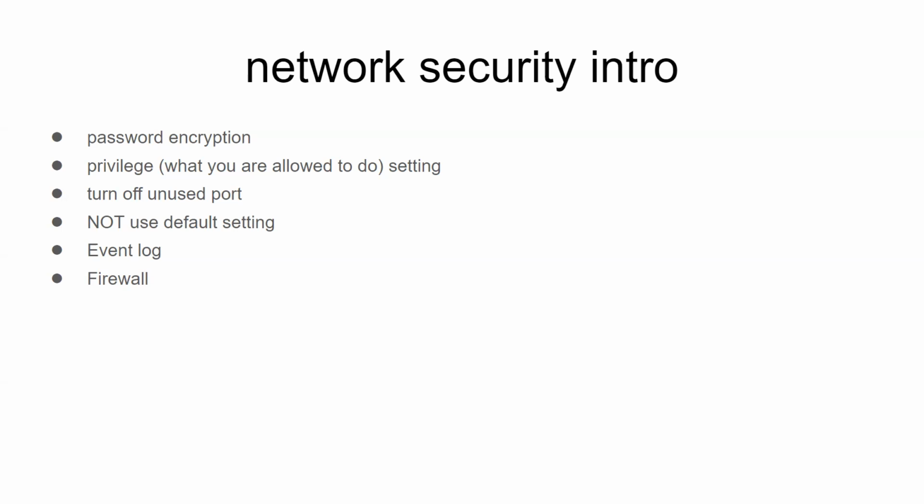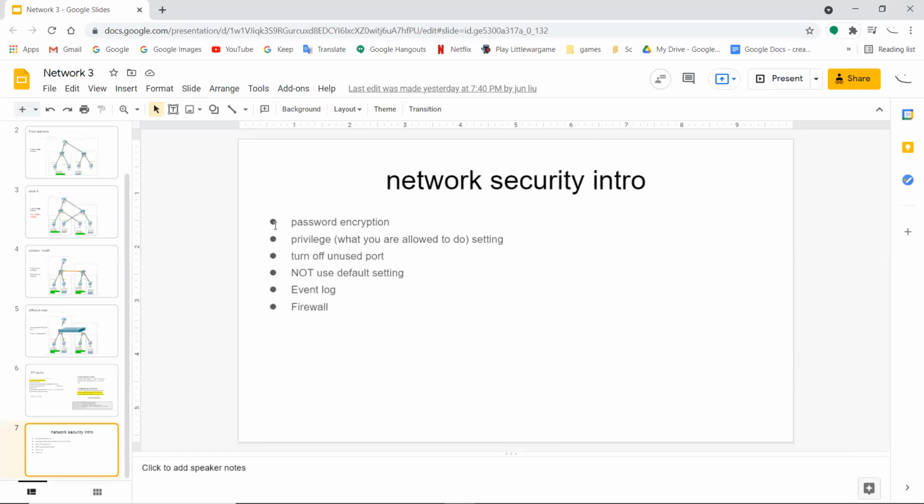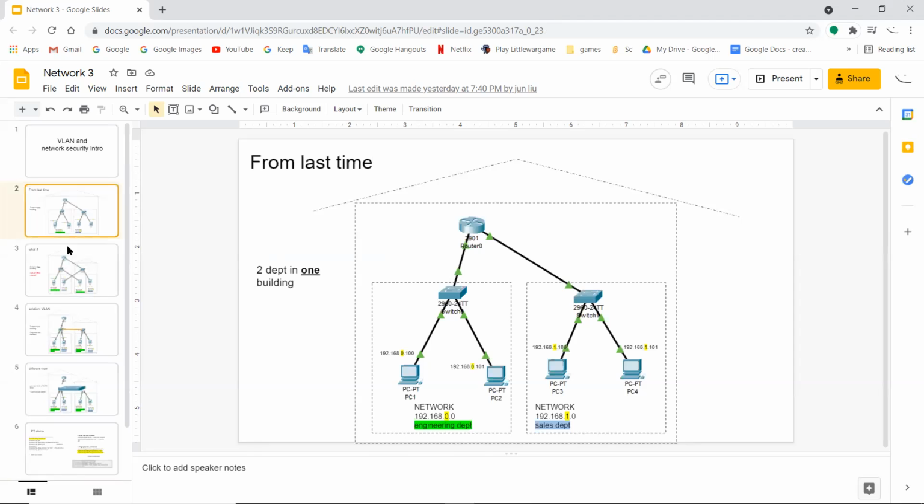Oh, one more thing. Can you go back to the map thing? So after this VLAN and those basic topologies, there is a new device called a layer 3 switch. Remember, a switch is layer 2 and a router is layer 3, right? This new device called a layer 3 switch is very confusing if you don't understand VLAN well.